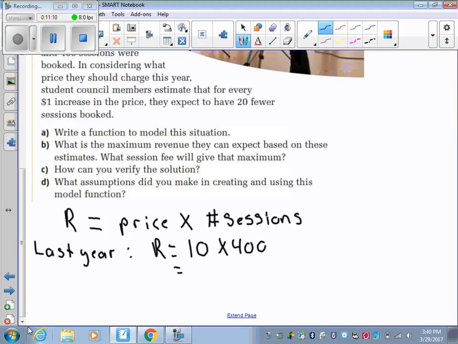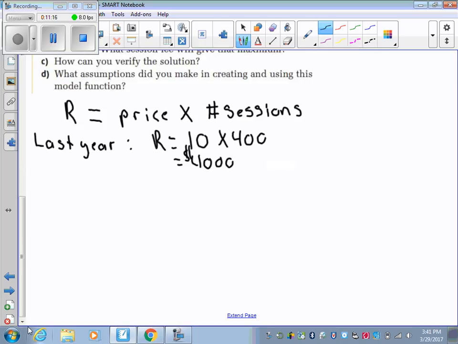So the revenue was $4,000. They want to know what they can do this year. So what we need to figure out is we need to be able to represent price in some way. How can we represent price? And how can we represent number of sessions?